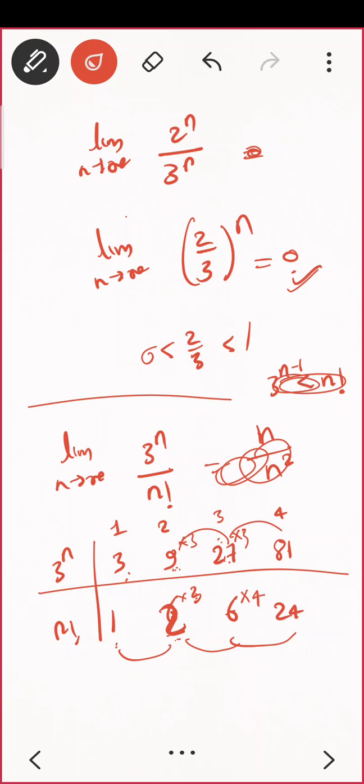I just want to write this, that is b raised to n is less than or equal to n factorial. Or I'll just give you one relation whenever you are having something like this. So b raised to n is less than n factorial.